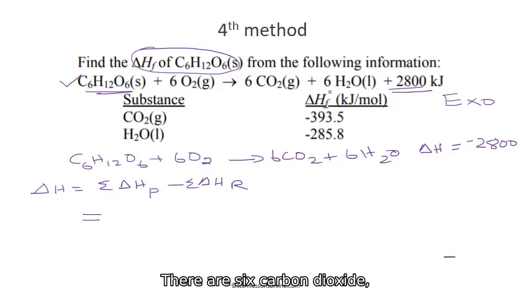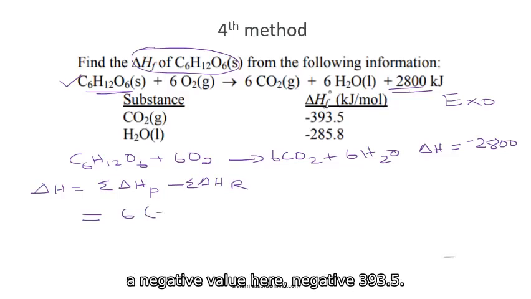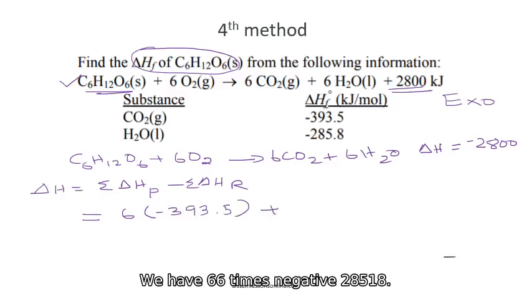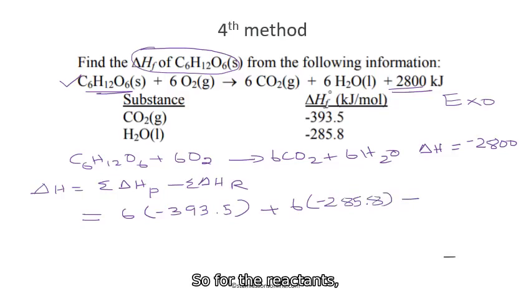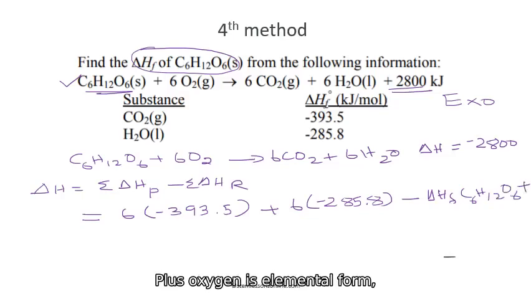There are 6 carbon dioxide, so 6, and for each carbon dioxide they give a negative value here, negative 393.5, and we have 6 of water, 6 times negative 285.8. Okay, so the sigma of products minus reactants. For the reactants, we don't know glucose, so we will just write the heat of formation of C6H12O6, we don't know, plus oxygen is in elemental form, so we will just write 0.